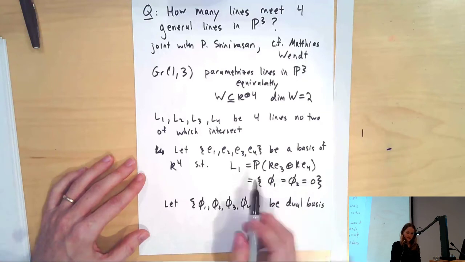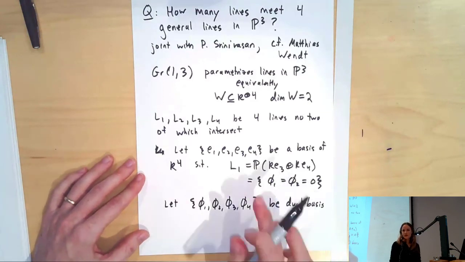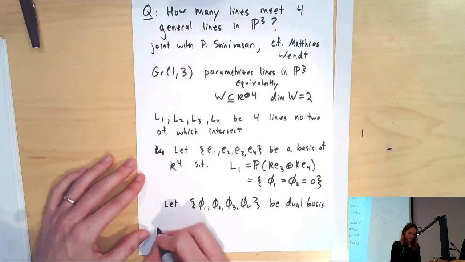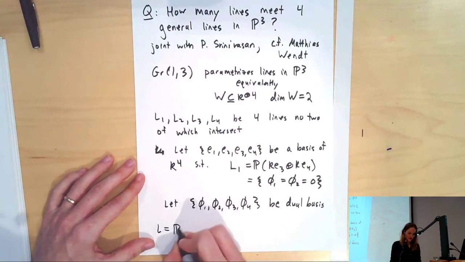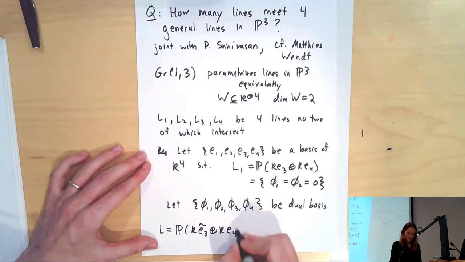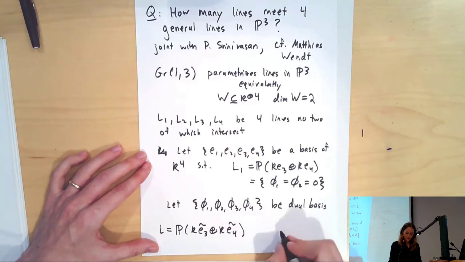Let's find a condition in terms of some sort of bundle for lines which intersect L1. So let's let L be some other line, the projectivization of the span of two vectors. We'll call them E3 twiddle and E4 twiddle. So these are just linearly independent vectors.